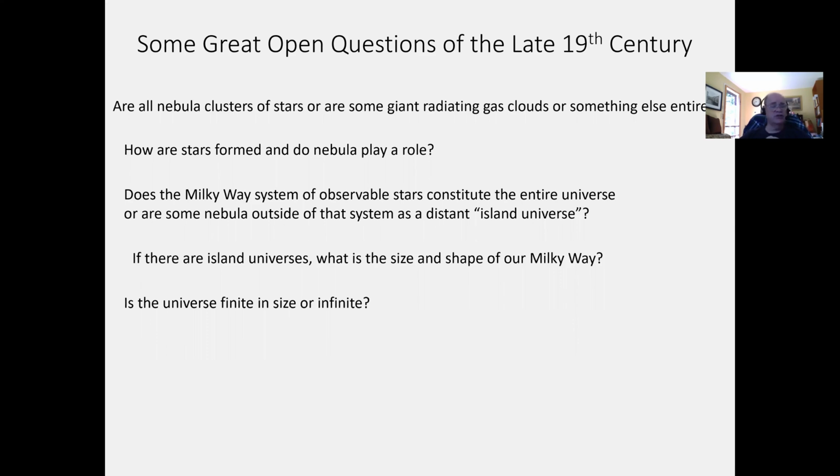What were some of the open questions that the astronomers were left with after their great work with the spectroscope and the camera? Well, are all nebulae clusters of stars? Or are some of them radiant clouds? What's going on in these radiant clouds? Or is there something else? Is there something that we're not even catching about what these nebulae are?